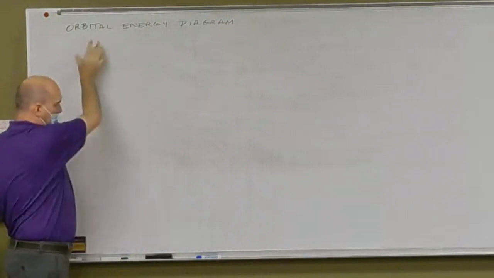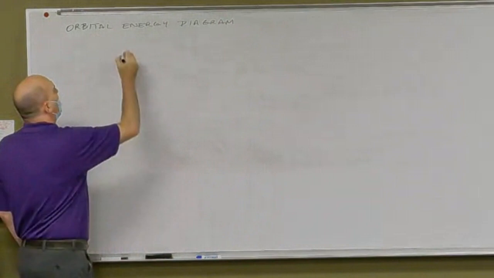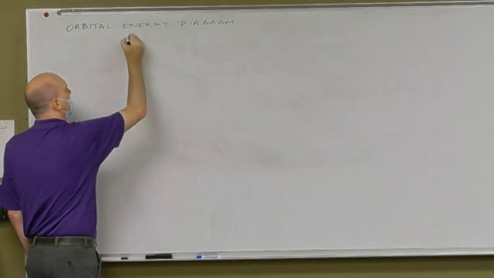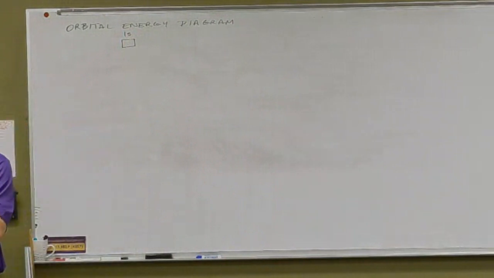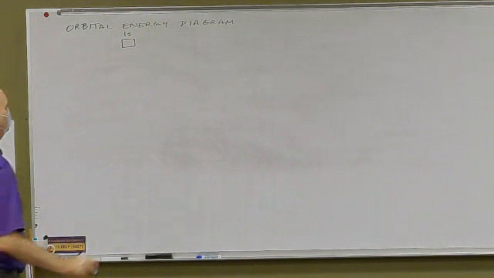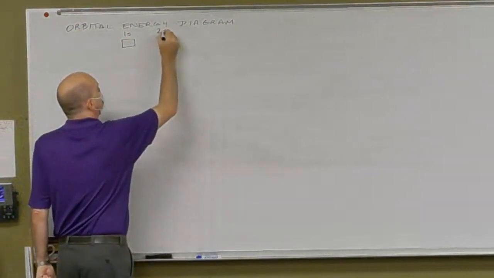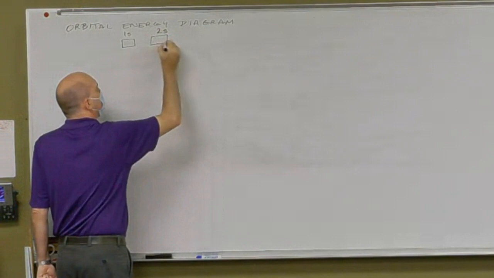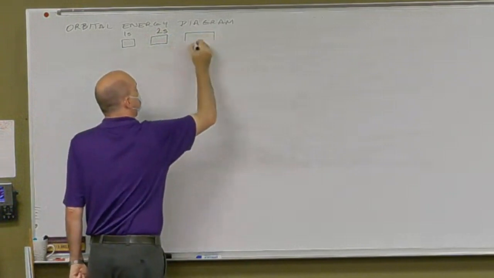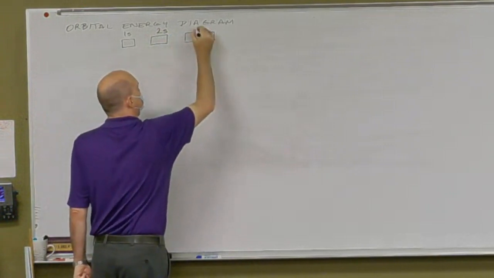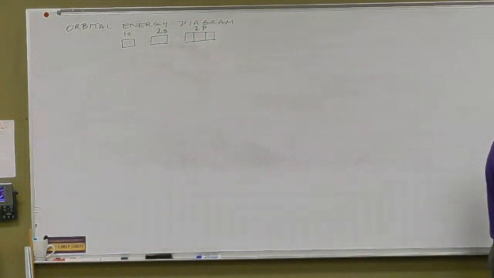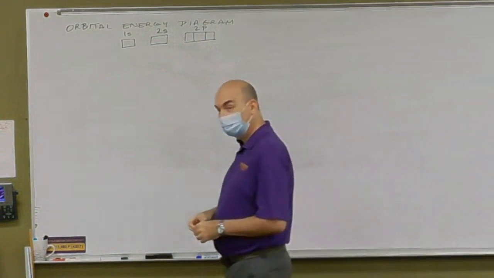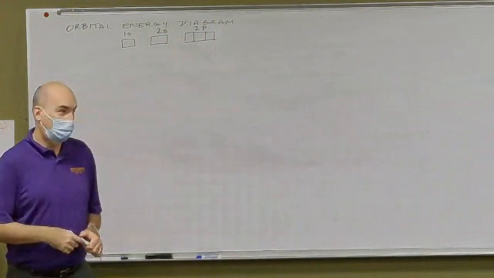And I'm going to put the atom here, its label, and then I'm going to treat each electronic orbital just like a box. It's just a box. Aufbau tells us the electrons go into the 1s orbital before they go into the 2s orbital, before they go into the 2p. Okay.